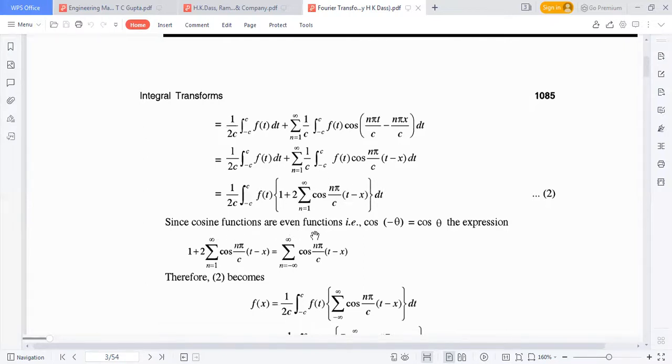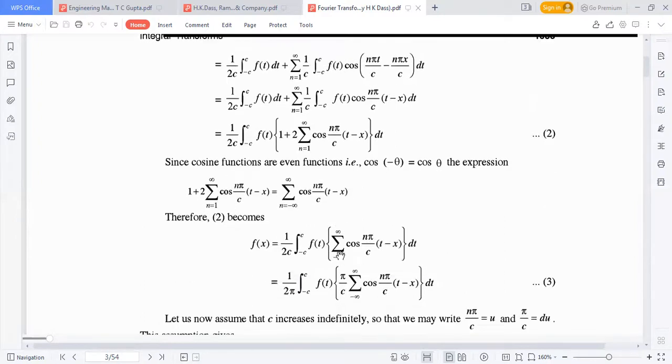Now, since cosine functions are even functions, you must know cos minus theta equals what? Cos theta. So this expression can be written as 1 plus 2 summation n equals 1 to infinity cos n pi by c, t minus x, which can be written as summation n equals minus infinity to plus infinity cos n pi by c, t minus x. So this whole series can be written like this.